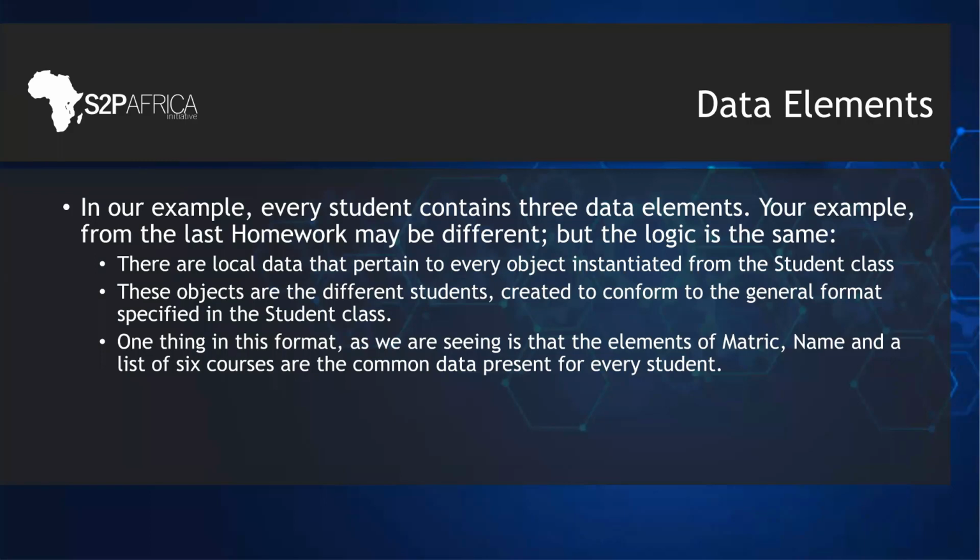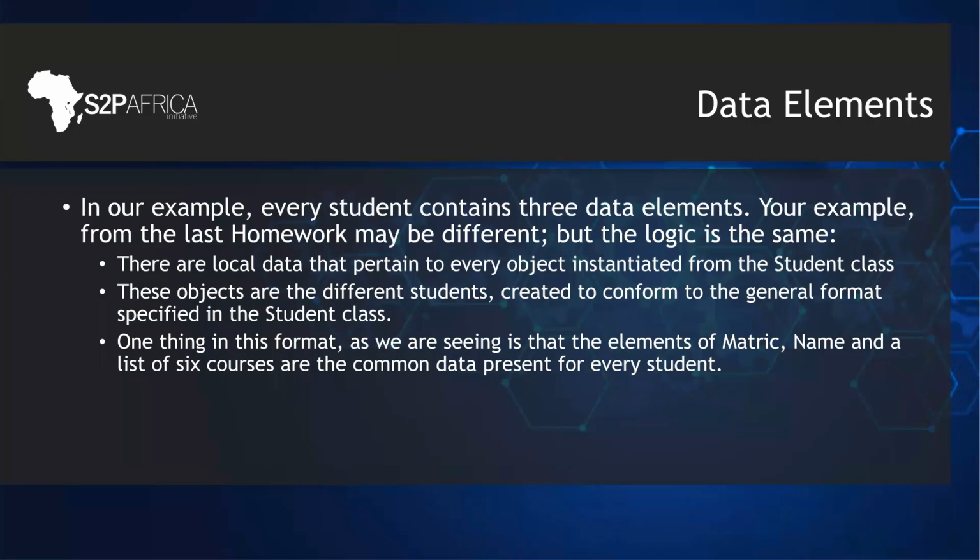For instance, it will be name, but for Azubuike, that name will be holding Azubuike. It can be matric. For Azubuike, it will be Azubuike's matric. It can be grade in a particular subject. For that instance, it will be Azubuike's mark in that subject. So all those ones are called data elements.